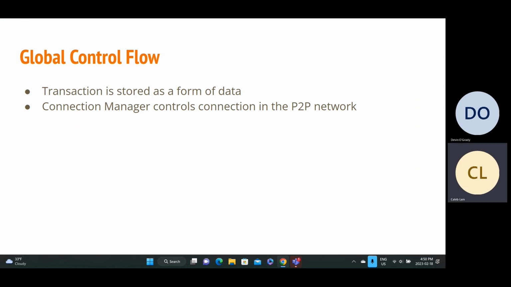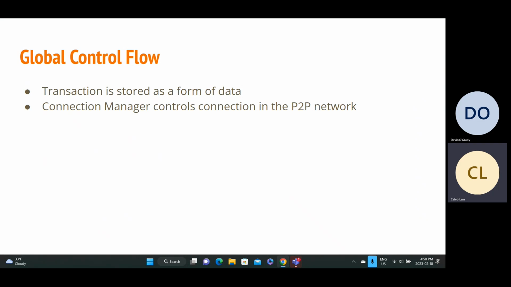So the data and control flow of the system is basically that we have a transaction, which is formed as a form of data, and it flows through all the components. For example, when a user makes a transaction, it goes to the connection manager and the wallet because it will need to be encrypted using public and private keys.